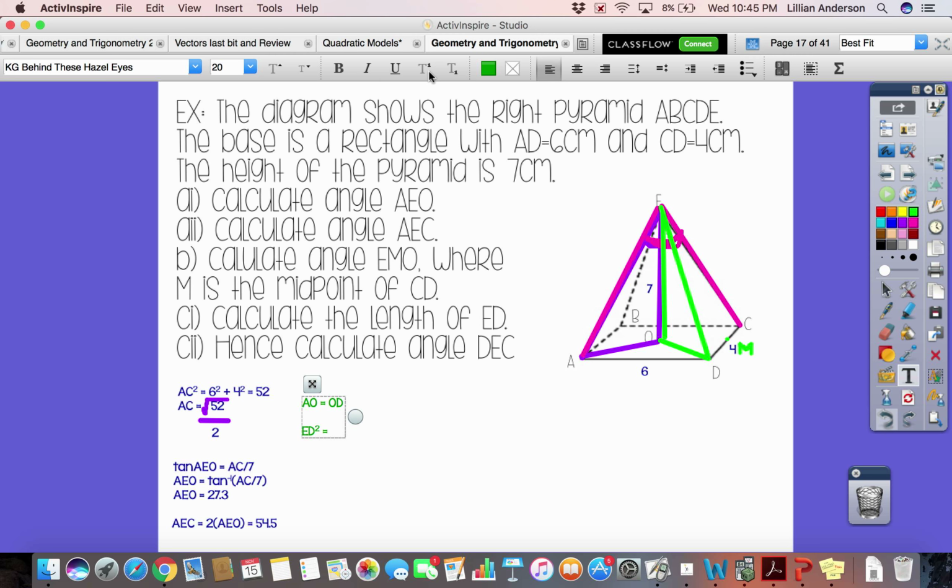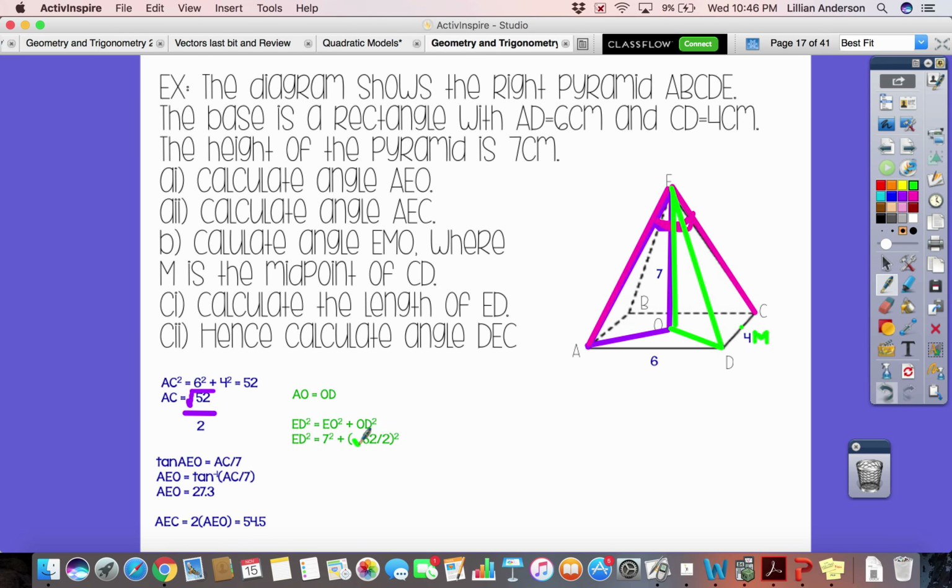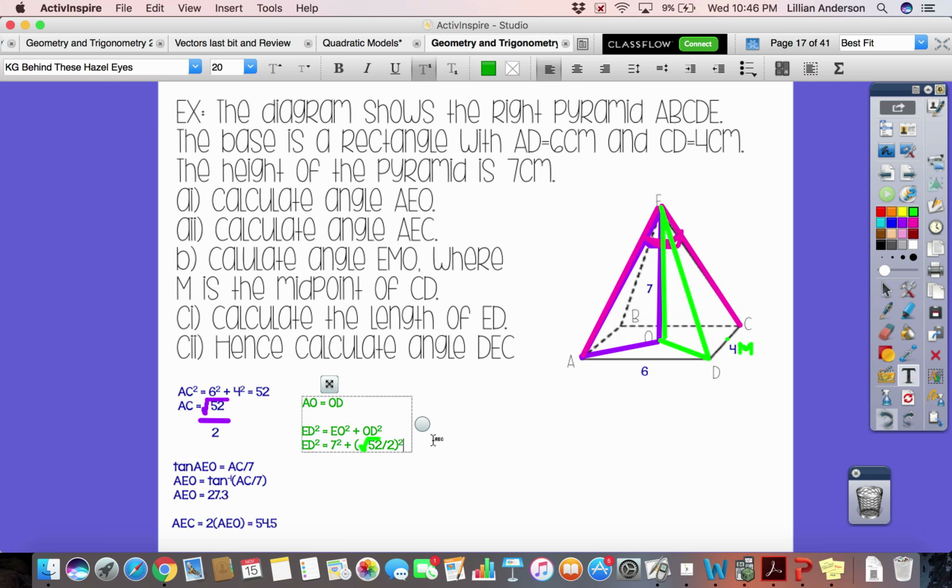And that would equal, I'm just going to type it out just in case anybody's confused. So we have 7 squared plus the square root of 52 over 2 squared. When you square a square root, the square root goes away.